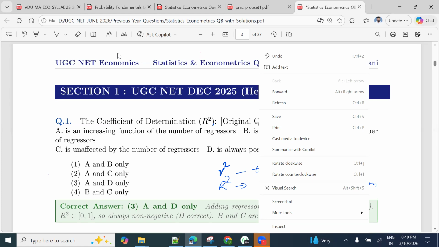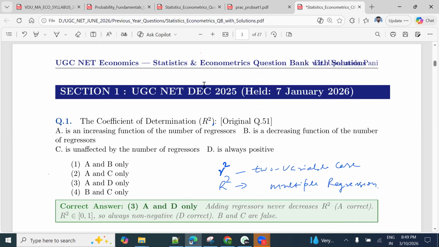The coefficient of determination R square, which is in two variable case, or capital R square in case of multiple regression, is a summary measure that tells how well the sample regression line fits the data.